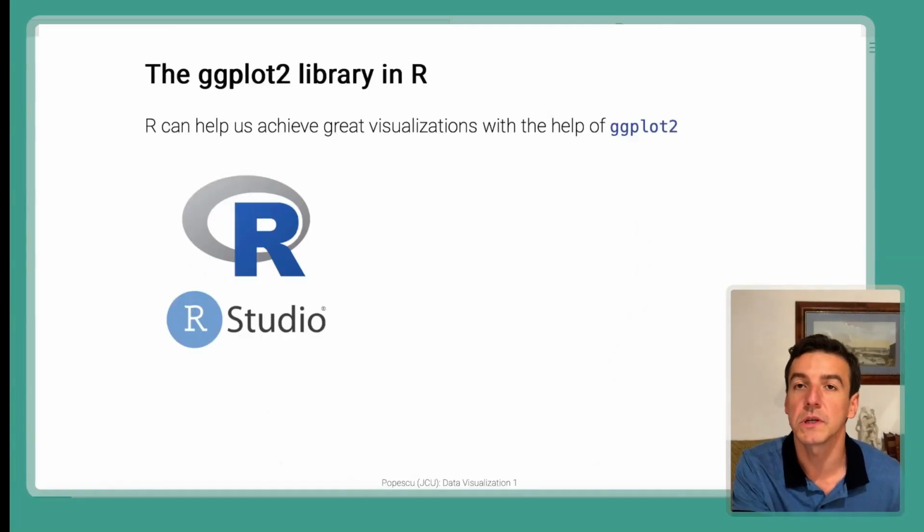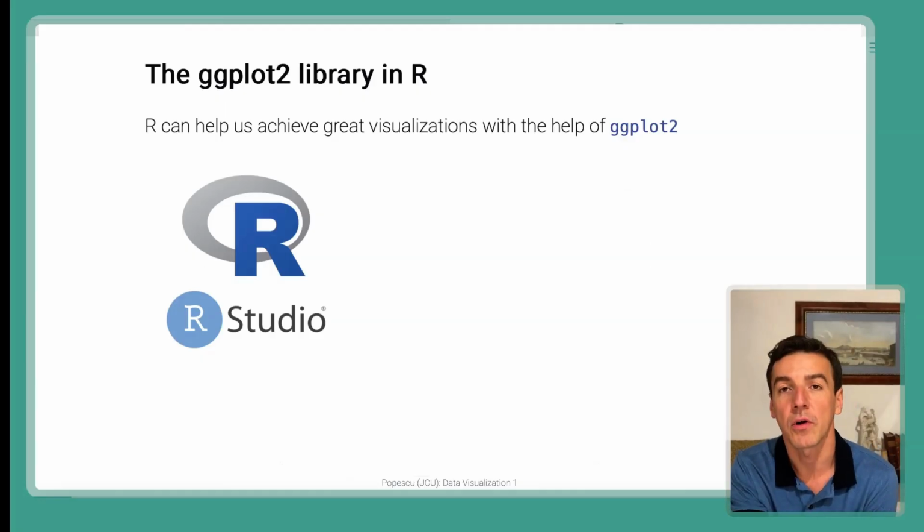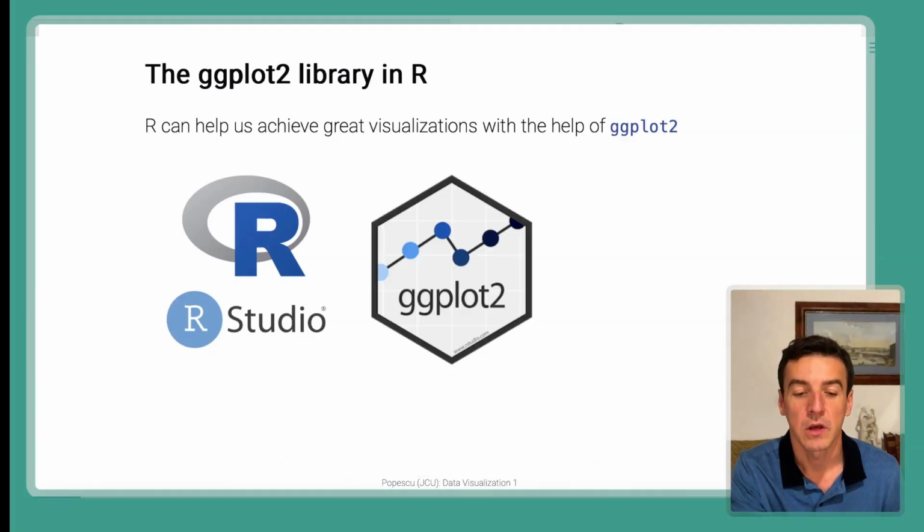In order to use it, we of course have to have the R programming language and RStudio, which is the interface that allows us to operate with R in a more user-friendly manner. And of course, the library that we need to use is ggplot2.